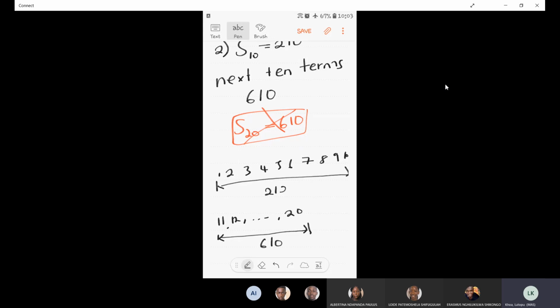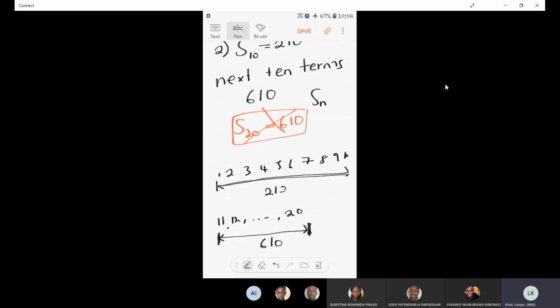Now this formula Sn that I have given, it doesn't calculate sums of terms in the middle. It always starts from the beginning up until a certain point. So it doesn't calculate sums like here from 11 to 20 and leave out these ones. You will have to make your own formula for that.